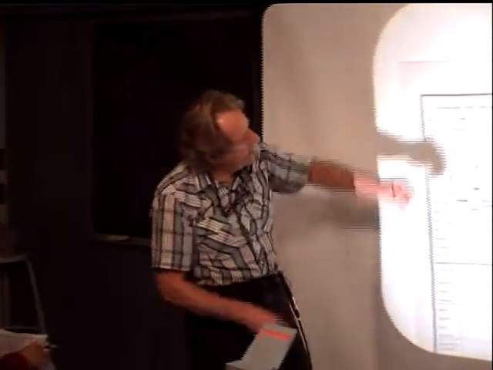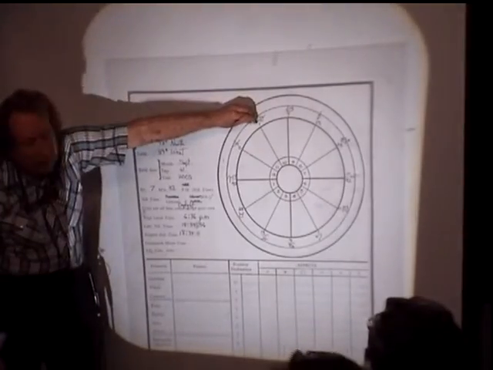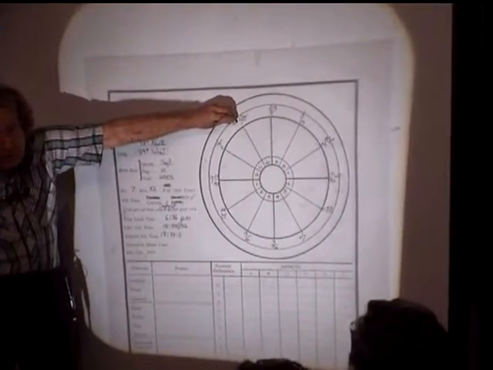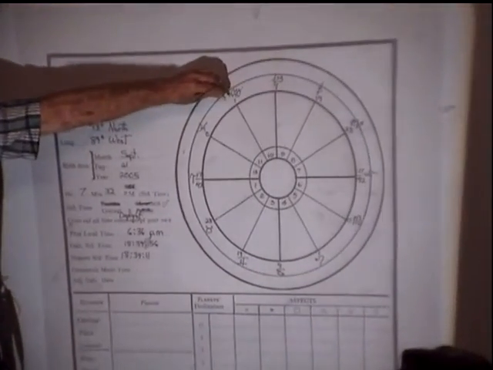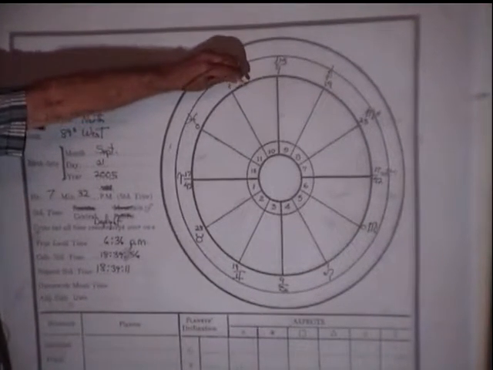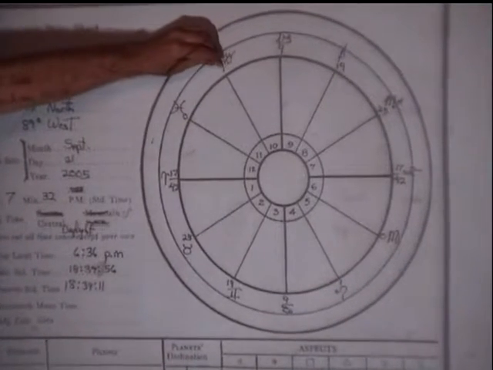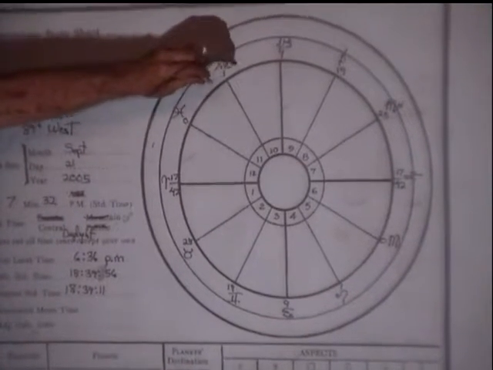If we look right here, from 9 Capricorn to 1 Aquarius, that isn't 30 degrees. That means that this house is small. It's something like 28 degrees.